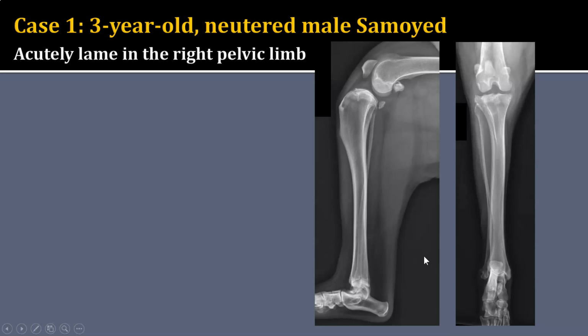I like to look at overall alignment next, and when I look at this patient, the alignment on the cranial caudal view looks good, but let's look closely at the lateral view. As I look at the femur and tibia, I notice from the things that we learned about in our discussion on the cruciate ligament that the alignment of the stifle is not normal.